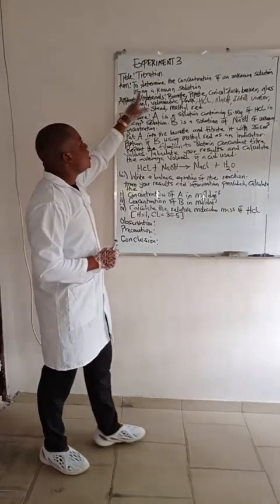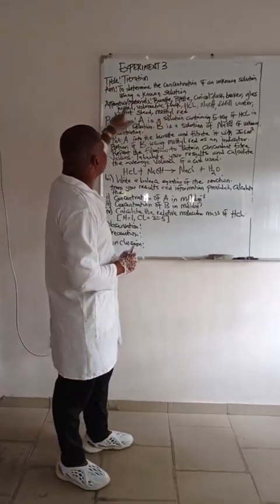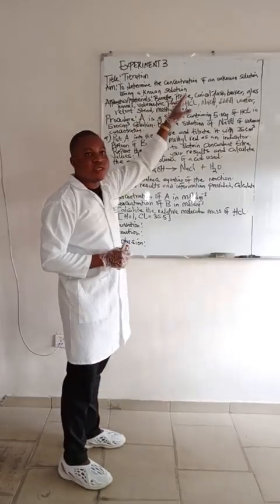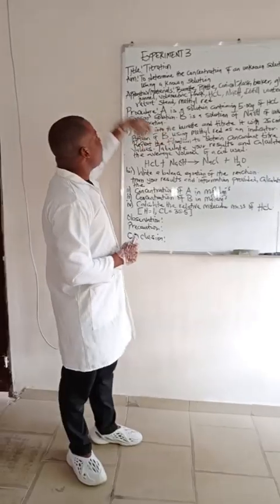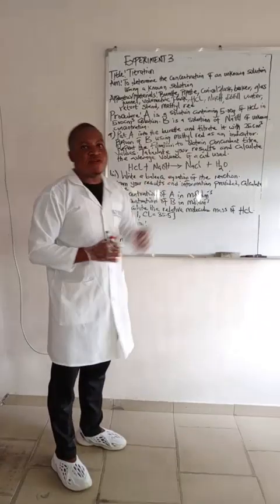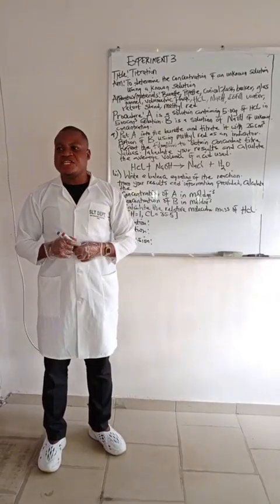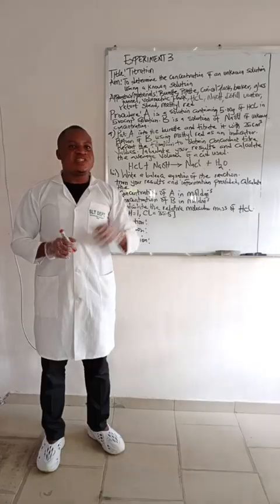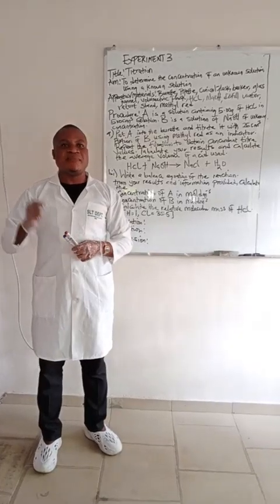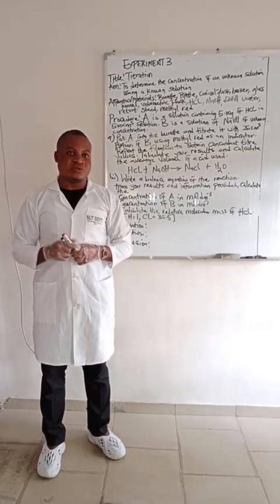Now the aim is to determine the concentration of an unknown solution using a known solution. Are you following? Yes. Before we go further, let me explain the meaning of the word titration. Titration is a technique in chemistry in which a solution of known concentration is used to determine the concentration of an unknown solution.